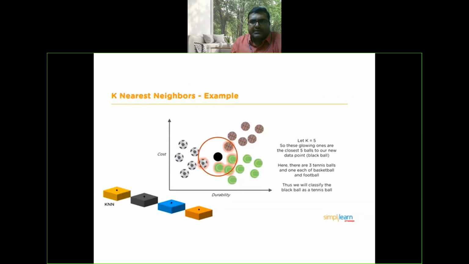Here by selecting the value of k, the closest 5 balls to our new data point. Here there are 3 tennis balls and 1 each of the basketball and football. Thus we will classify the black ball as tennis ball. That is, this particular black ball can be classified as tennis ball.